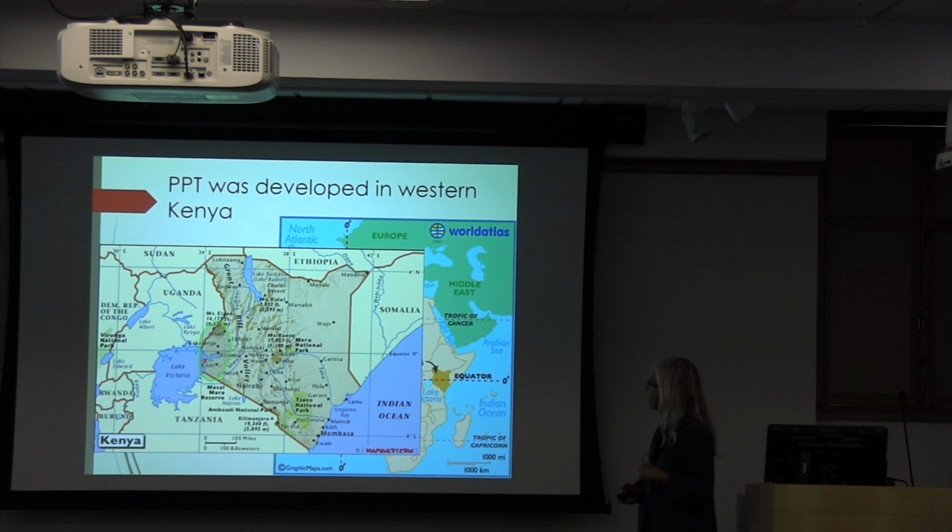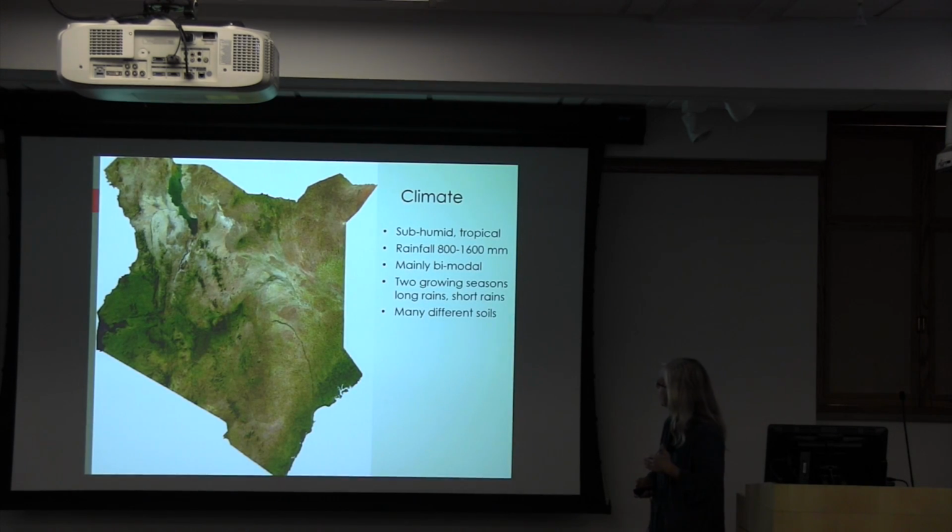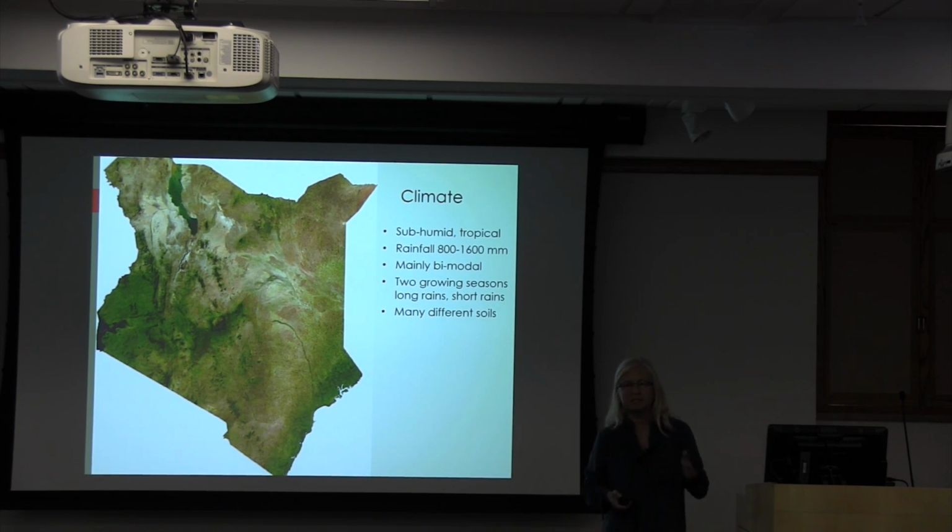And then the area where they work is this region of western Kenya, which is a semi-humid tropical climate. There's quite a lot of variation in the rainfall that actually occurs there, anywhere from 800 to 1,600 millimeters. And in most locations, it's a bimodal distribution, so there are 2 growing seasons.